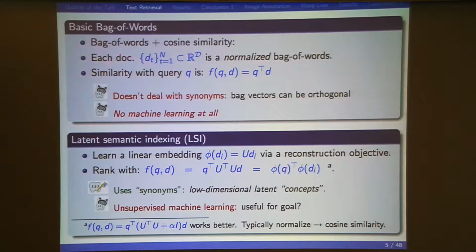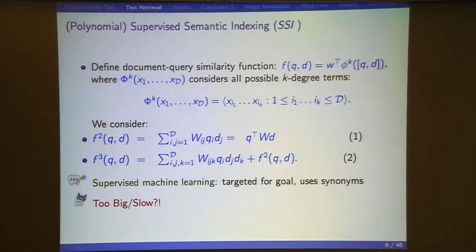You can't necessarily get exact word matches anymore, which something like this really dumb method up here can do. So when you combine the two, you tend to get both the synonym generalization from the LSI, and the memorization, the exact matching, from the basic bag of words.